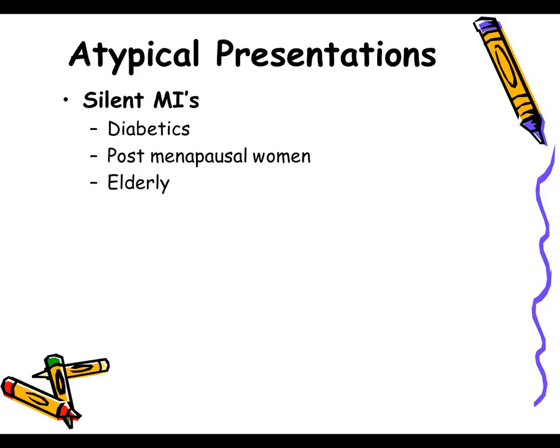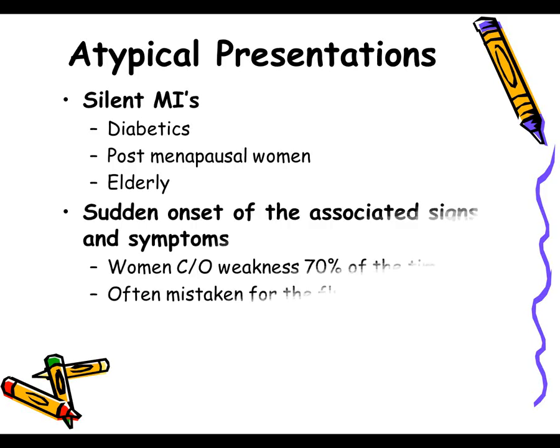Postmenopausal women, and elderly patients. These three categories may have what we call silent MIs. They may not have the crushing substernal chest pain that radiates down the neck and jaw like a normal person having a heart attack. They may just have the associated signs and symptoms.